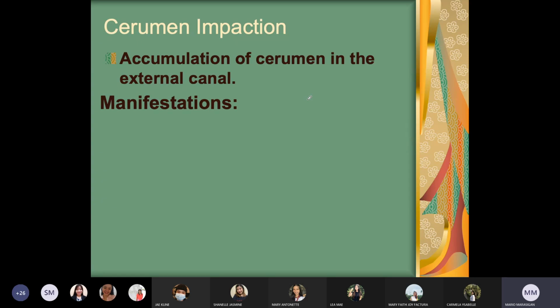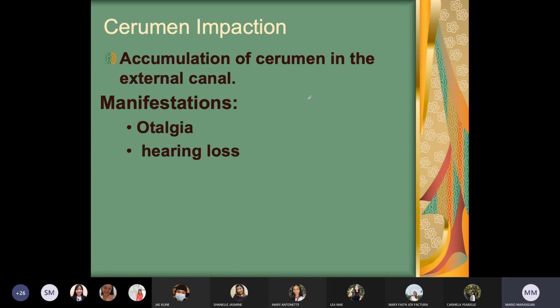The thing is, hindi na pala nakakarinig yung bata, no? So, hindi na niya naiintindihan yung sinasabi ng teacher. So, when they evaluate and they will do physical exam, pag in-examine yung ear, nasasaktan yung bata, then they will look for any obstruction. And they will find out that impacted cerumen is the cause, no?